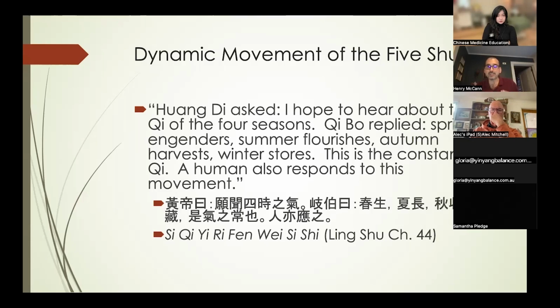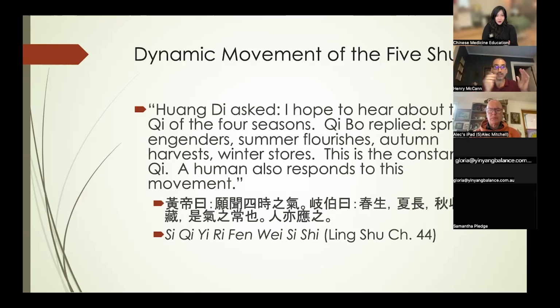This is an 8-character grouping of this idea of the season doing something that we see repeated several times throughout the Neijing and Nanjing, right? So spring engenders. Spring is wood phase. Spring is about everything starting to come up and out. Summer is the flourishing, the absolute most yang.